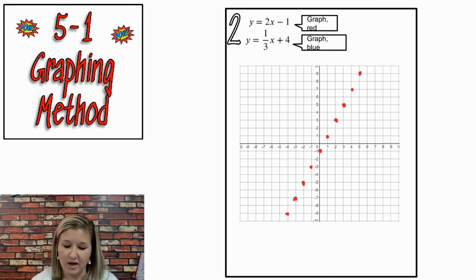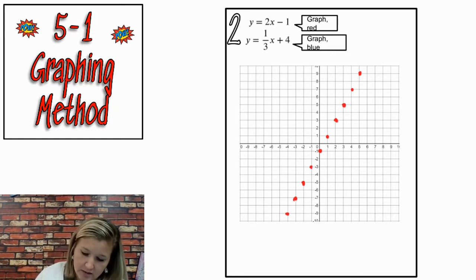Now we have 1/3 x plus 4, so I'm going to start at 4. And 1/3 says I'm going to go up 1, right 3. So up 1, right 3. Hopefully you can see that's where the point is where they're going to cross over. I'll make another couple of points.